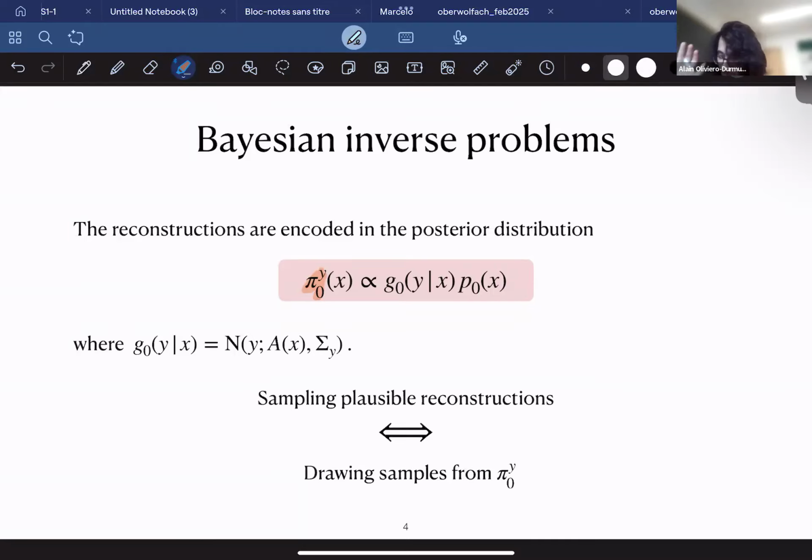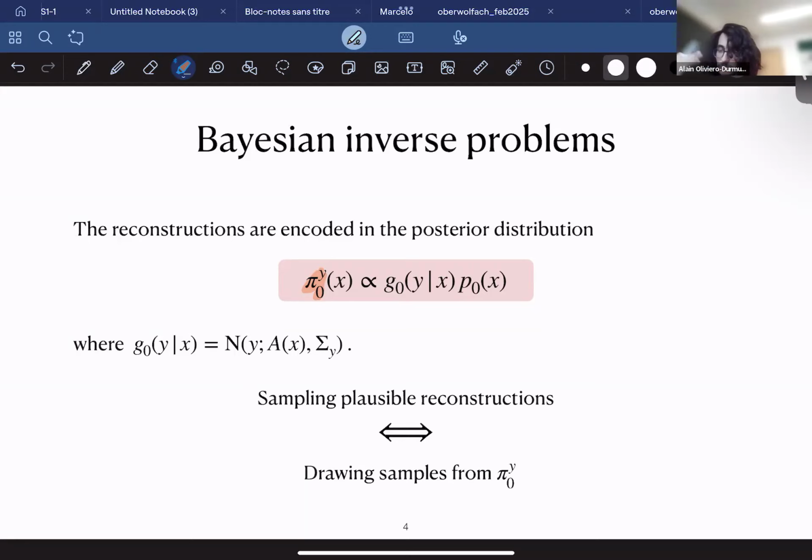As usual, it is a product of my likelihood and my prior. Here, the main computational difficulty which I want to address is that P0 does not have a closed form density.